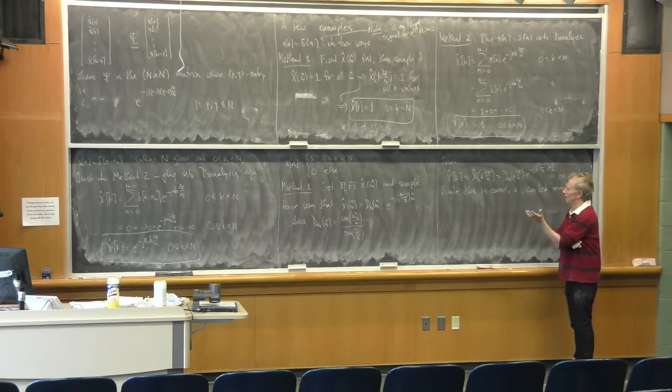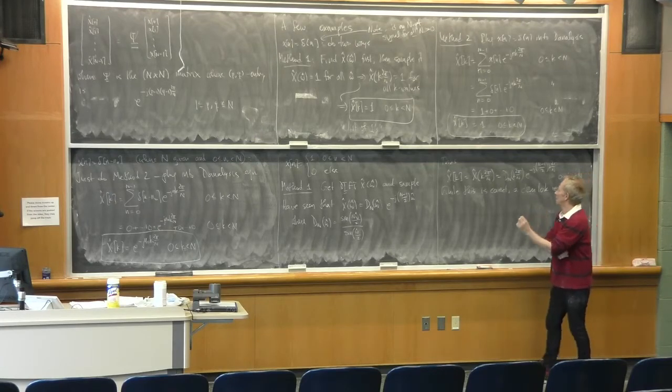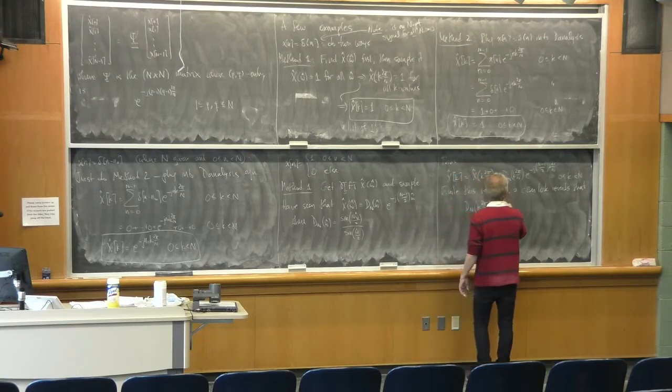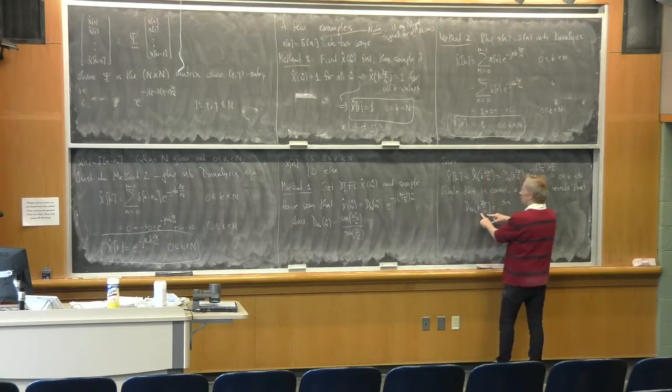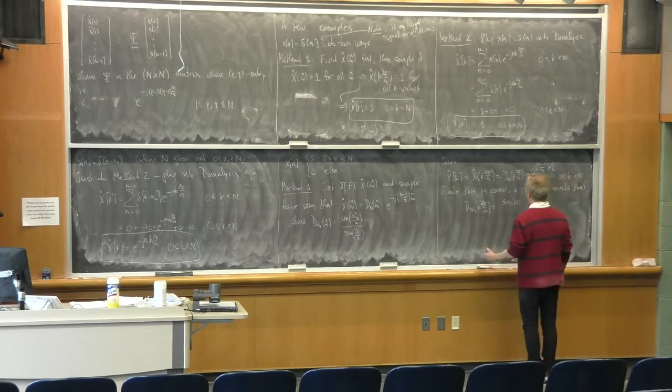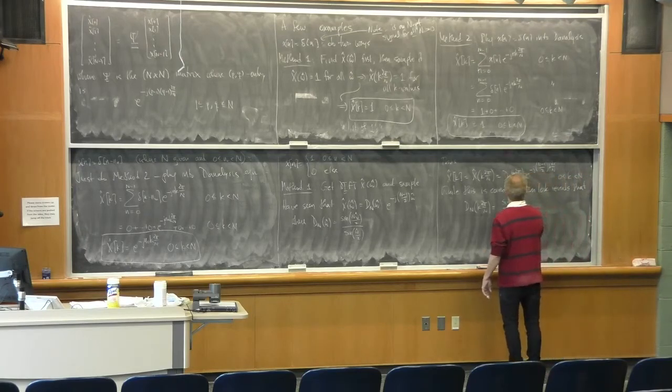The Dirichlet thing has sine of N omega hat over 2 in the numerator, right? So D_N of k 2 pi over N, that's going to be equal to sine of N omega hat over 2, where omega hat over 2 is k pi over N, so it's going to be sine of k pi over sine of k pi over N.